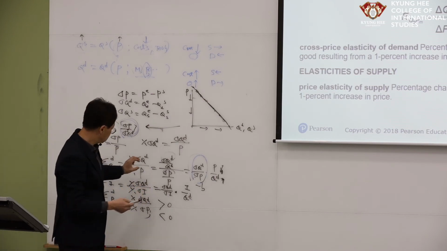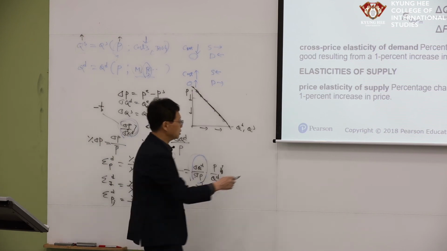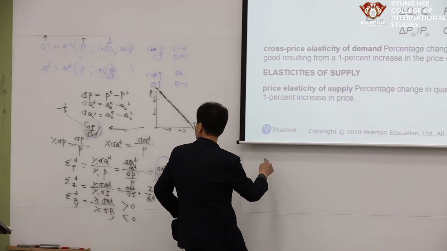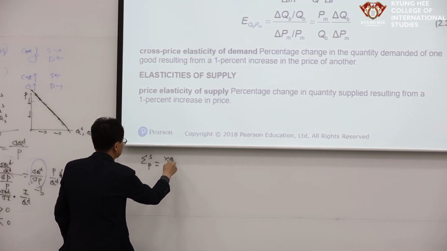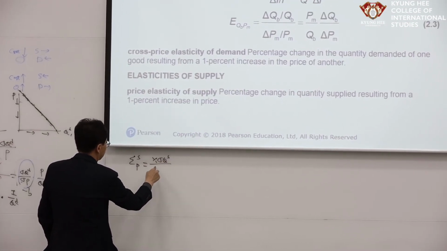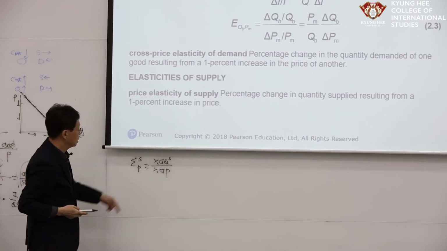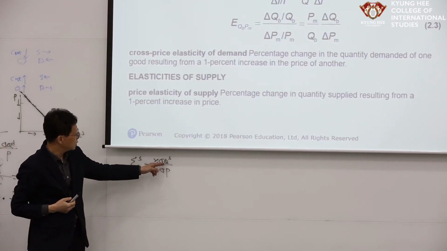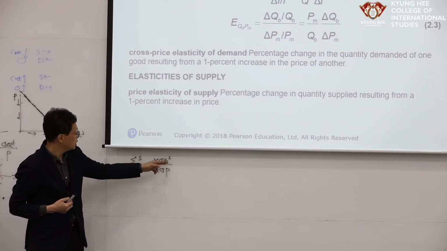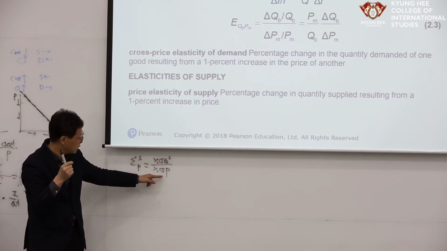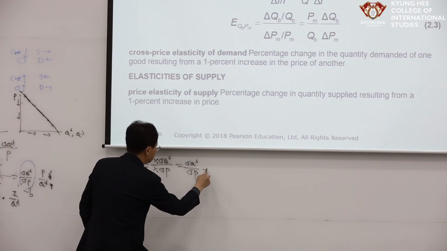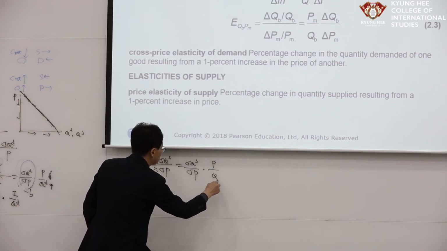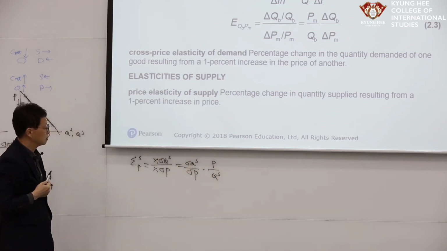So the price elasticity of supply is the percentage change in quantity supplied over the percentage change in price, right? Rewriting this, it is change in QS over change in price multiplied by price over QS, right?